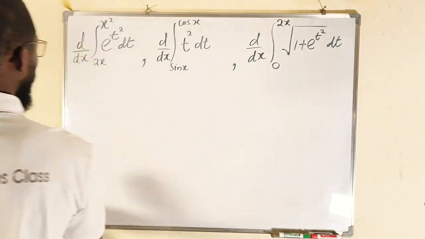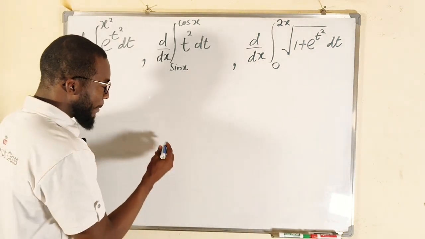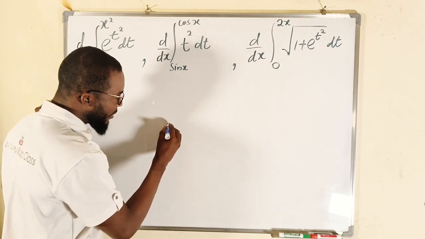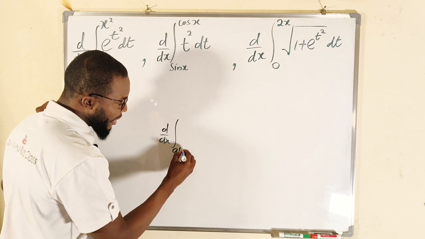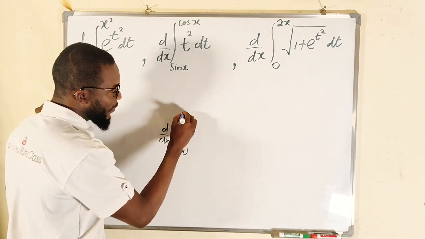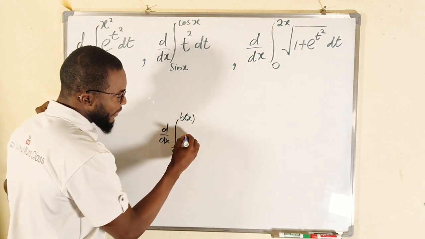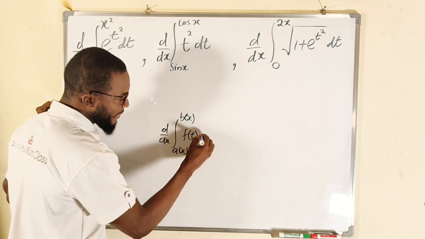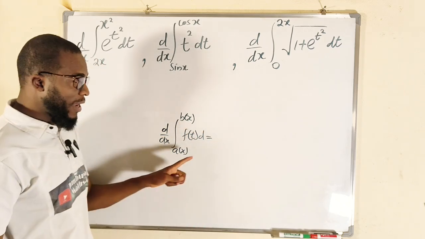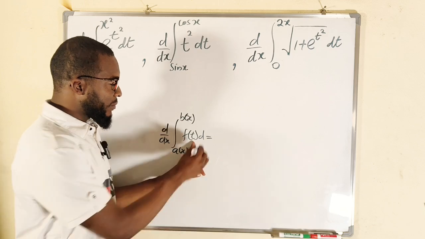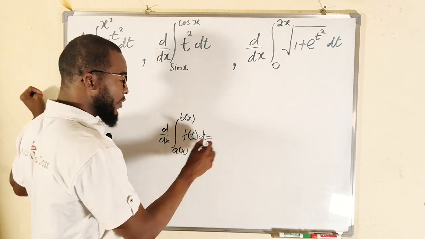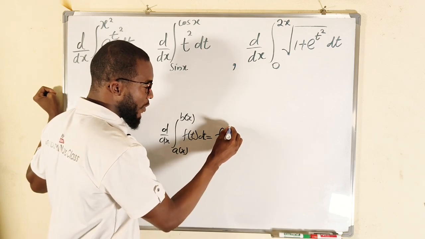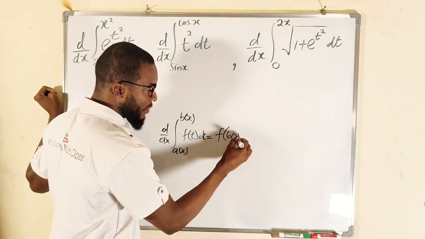So let's use it. Remember, if you have d over dx of the integral from a certain function a of x to another function b of x of the function f of t dt, this is the same thing as substituting b of x, which is the upper limit, into the function, that is f of b of x.